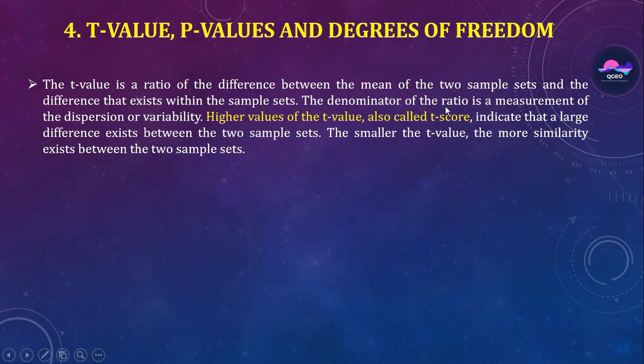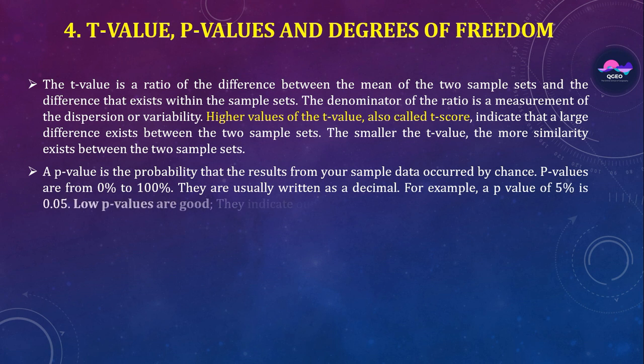The denominator of the ratio is a measurement of the dispersion or variability. Higher values of t-value, also called t-score, indicate that a large difference exists between the two sample sets. The smaller the t-value, the more similarity exists between the two sample sets.